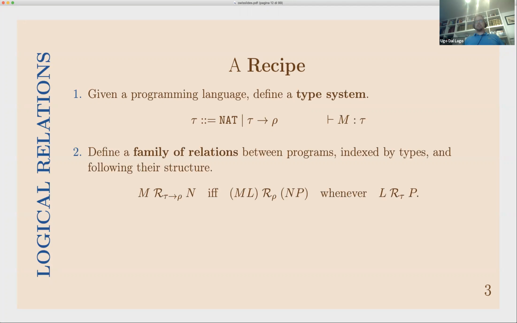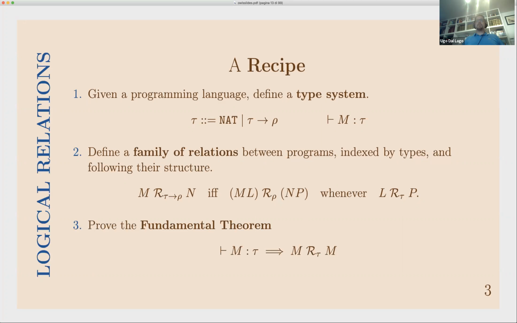And logical relations are just a family of relations between programs indexed by types in such a way that functions are related when they return equivalent programs when fed with equivalent arguments.